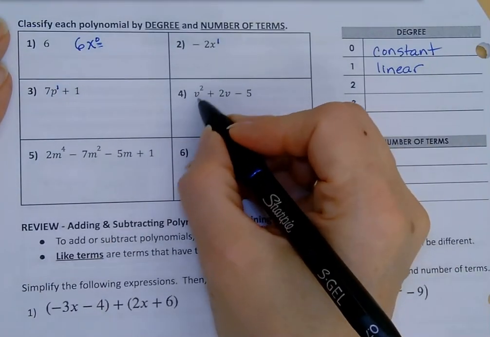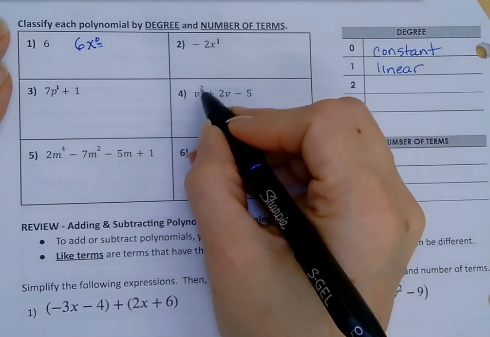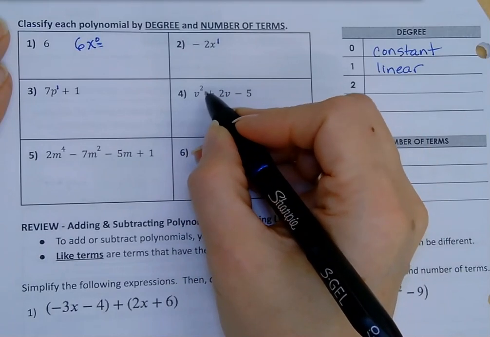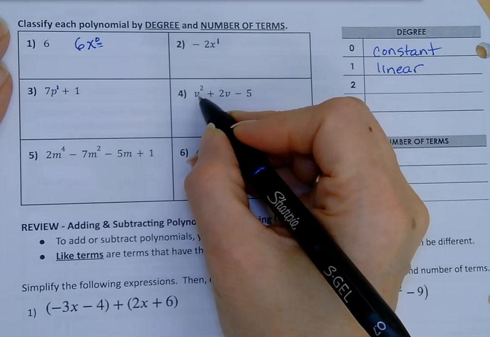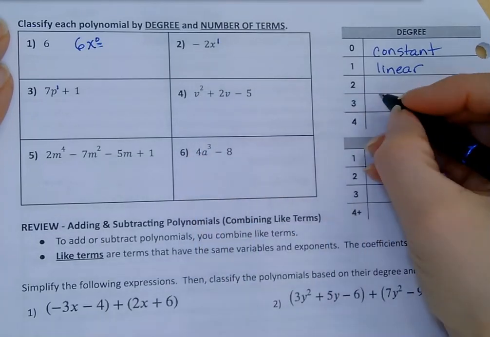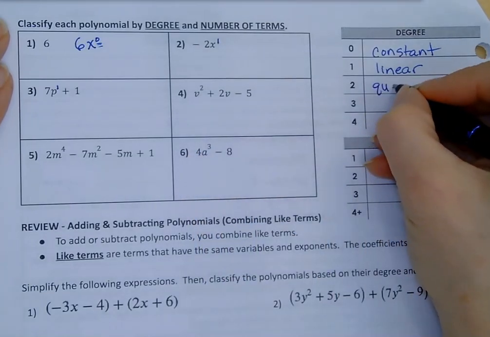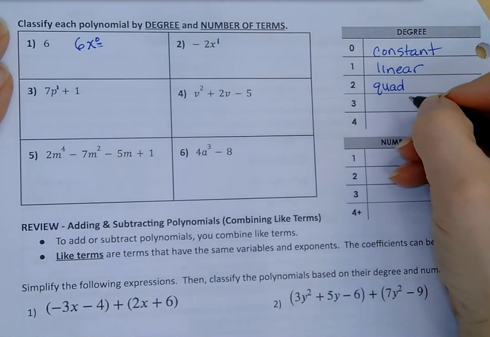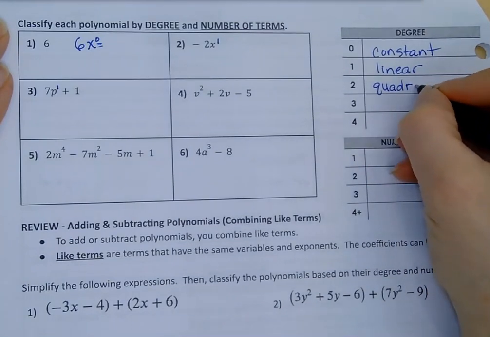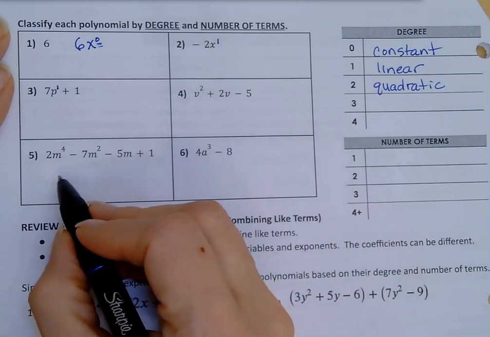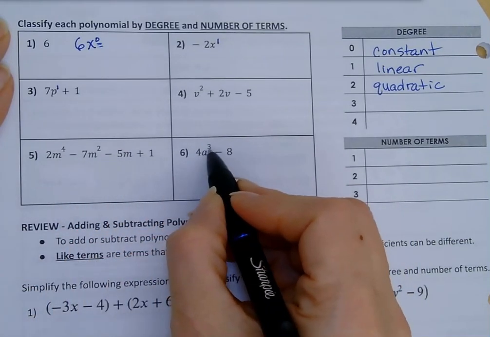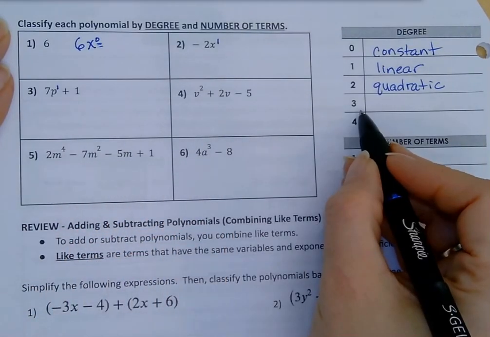This guy, v squared plus 2v minus 5, v squared, I know that if I were to graph that, it's going to make a quadratic equation. And so I'm going to write the word quadratic. Be careful here because I know quad normally means 4 to us, but it's actually a different derivation. So quadratic, we are talking about having something squared. Okay, if I have an exponent with a 3, so I'm now just following my degrees, okay?